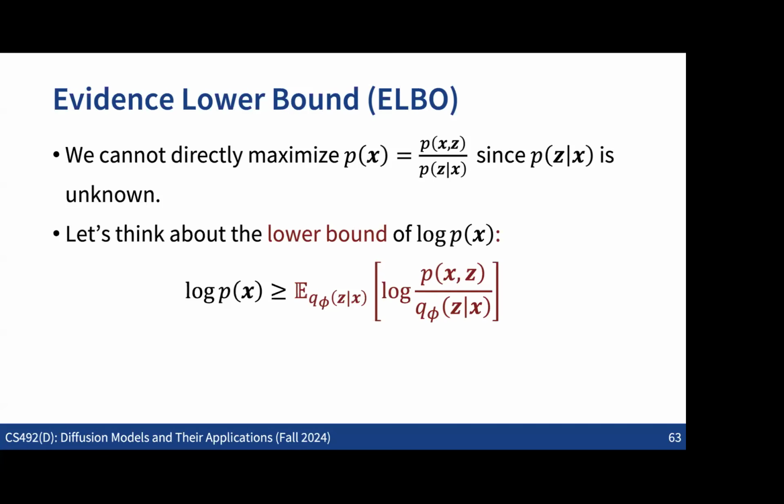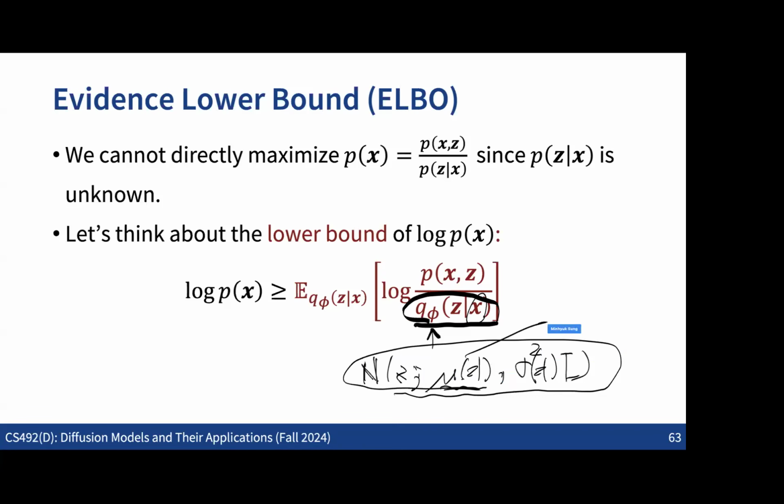For example, one way that we can make this proxy distribution is to have a function like this. We make a normal distribution over Z, but with a function that maps the given X into the mean value here, and also maps the input X into the variance here.